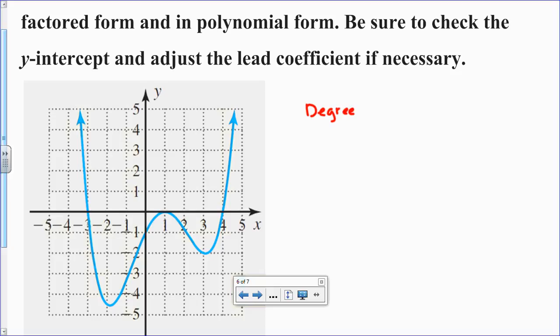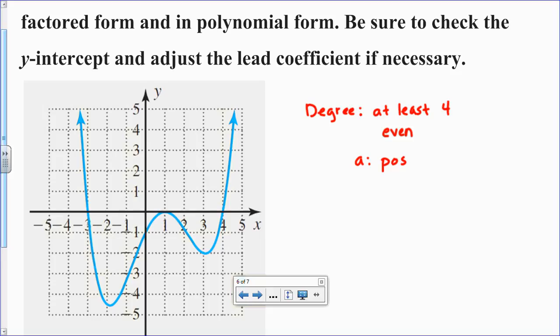Okay. So both ends are up, so they're in the same direction. So it needs to be even or odd. Okay, even. And then both are up, so leading coefficient needs to be positive.